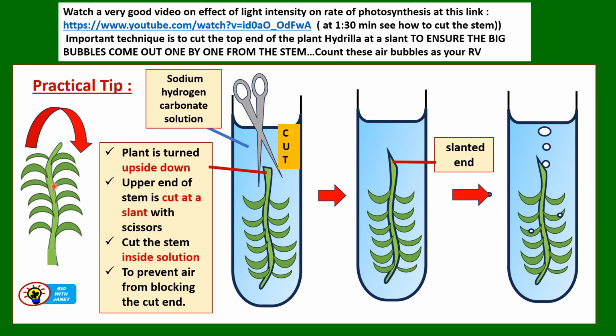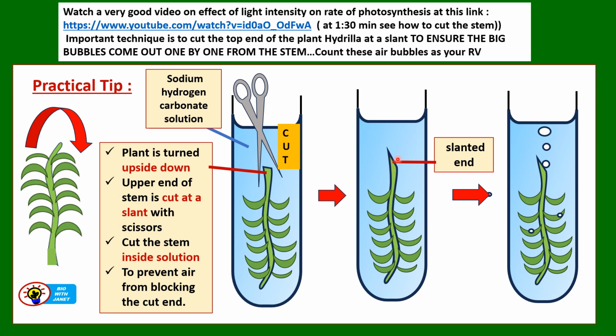So turn the plant upside down first. Okay. So this is the bottom end actually. Now this is called the upper end already. So you cut using scissors and in the water or in the solution, you cut the plant so that there is a fresh cut here, and then the holes are opened up. Okay, the vessels are opened up so that it can release the oxygen bubbles.